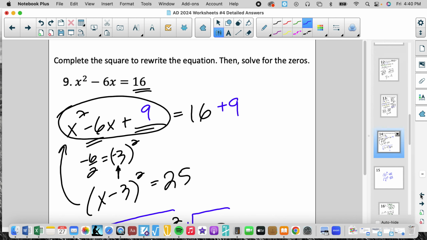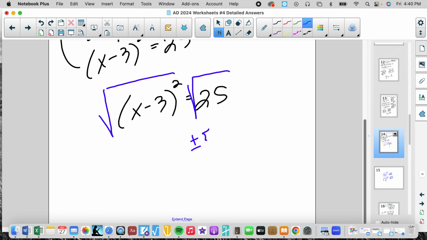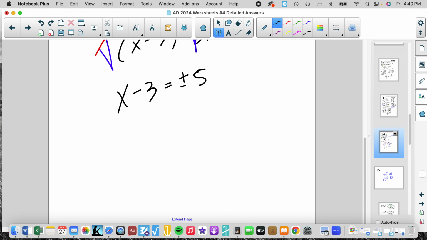We don't know. It could actually be both. So we're going to introduce plus or minus 5. And the square root cancels with the square, and that's why we did this in the first place. I'm going to make that in this color. So that leaves us with x minus 3 equals plus or minus 5.